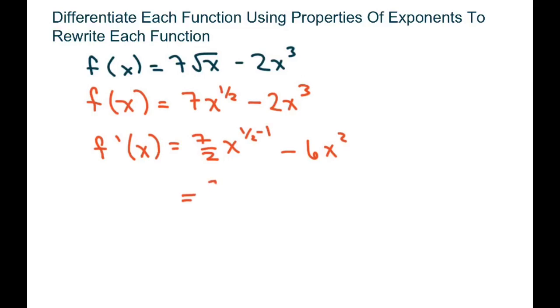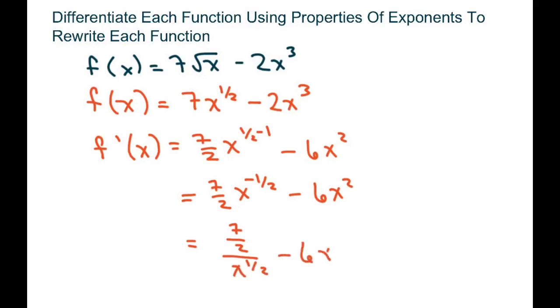So this equals 7/2 x to the negative 1/2 minus 6x squared, which equals 7/2 over x to the 1/2 minus 6x squared, which is equal to 7 over 2. And then you can bring these two together, and that's going to be square root of x minus 6x squared.